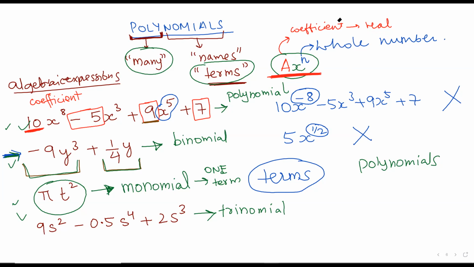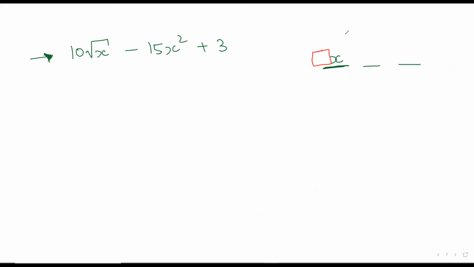Okay, so the coefficient can be any real number, but the exponent that we have over here, right? The exponent that we have over here, it has to be a whole number. Now take a look at this polynomial again and tell me if every single term of this polynomial holds true for this.